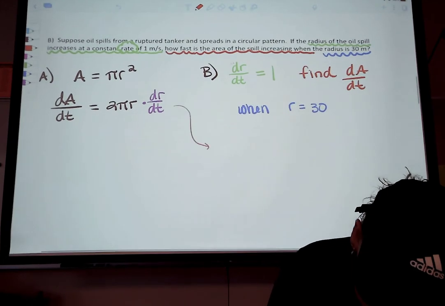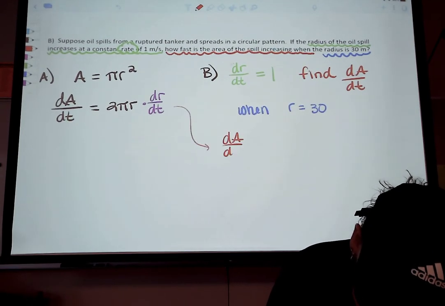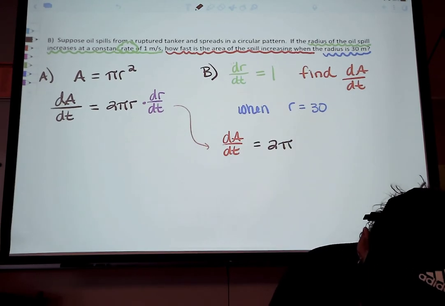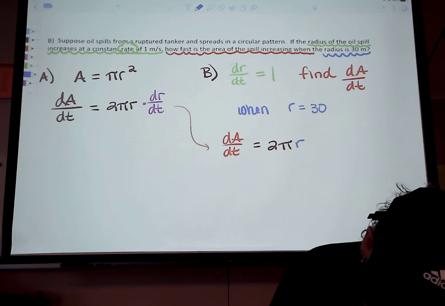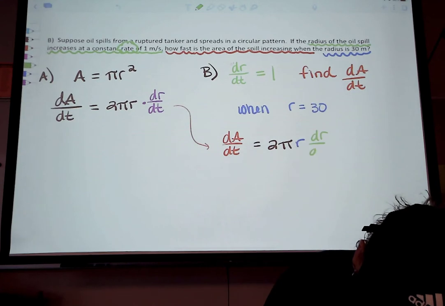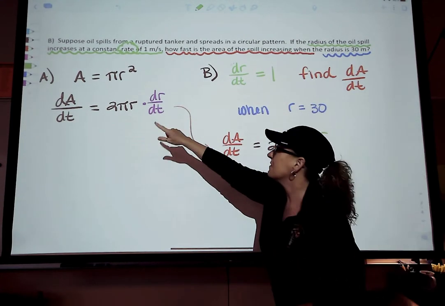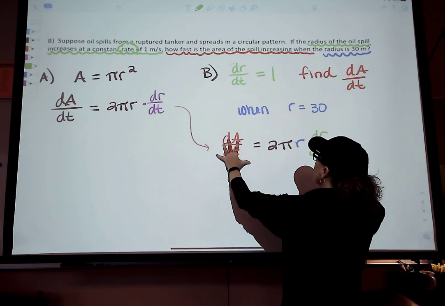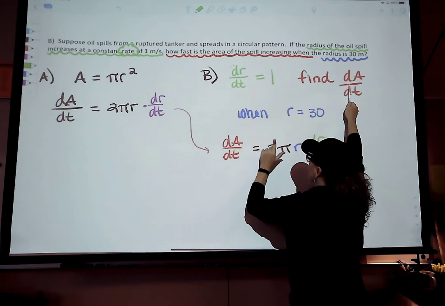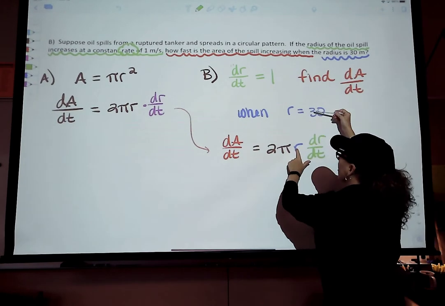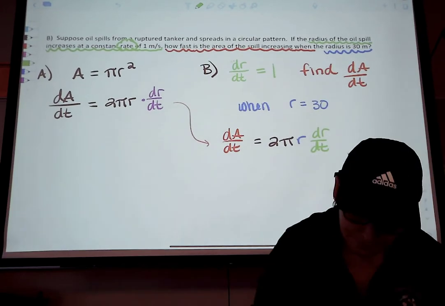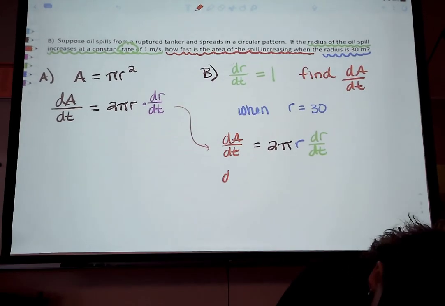So dA/dt is equal to 2 times pi times r times dr/dt. Now my colors match what I've done in the problem. dA/dt is what we're supposed to find. We need to plug in 30 for r, and we're going to plug in 1 for dr/dt.